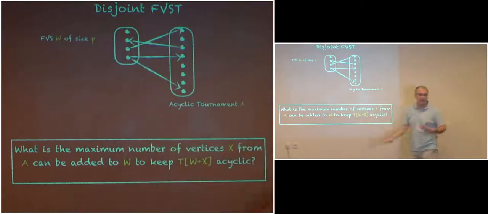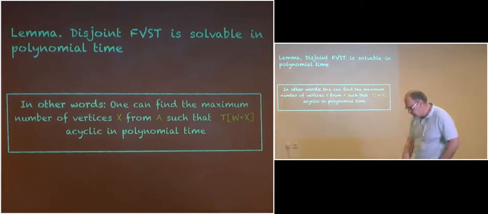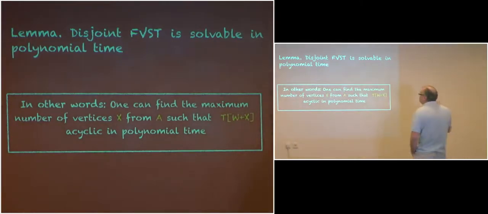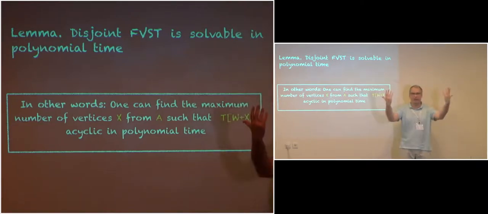This is, again, the same thing. So this is the disjoint feedback vertex set in tournaments. Once again, I have one set and I have another set, and I ask if I can make a feedback vertex set which is completely disjoint from the one which I give to you.